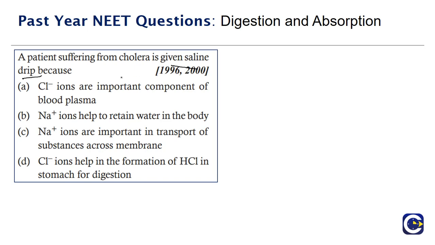So what happens when a patient is affected with cholera? When the patient is affected, there are bacterial enterotoxins. So this affects the whole GIT. And there is a particular biologically important molecule called cAMP.